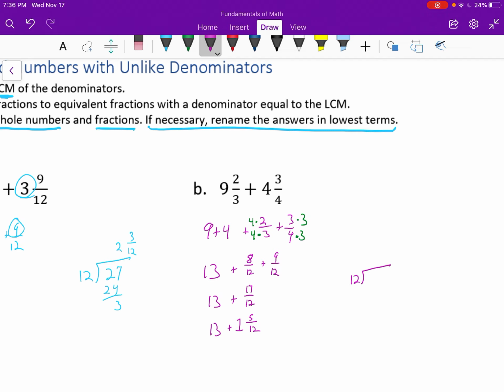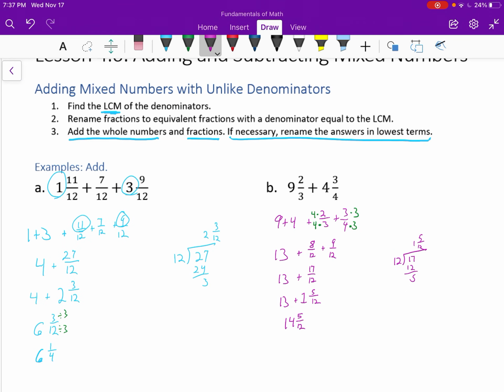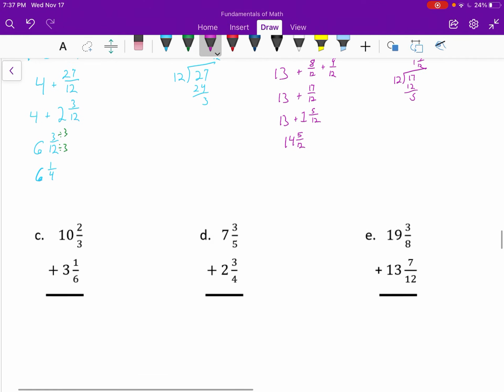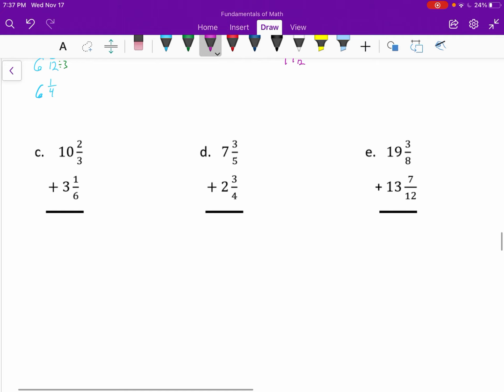Again, if you can't do that mentally, you're doing 12 into 17 is 1. Subtract, you get 5. So 1 and 5 twelfths. Well, 13 plus 1 and 5 twelfths is 14 and 5 twelfths. The 5 twelfths is in lowest terms.